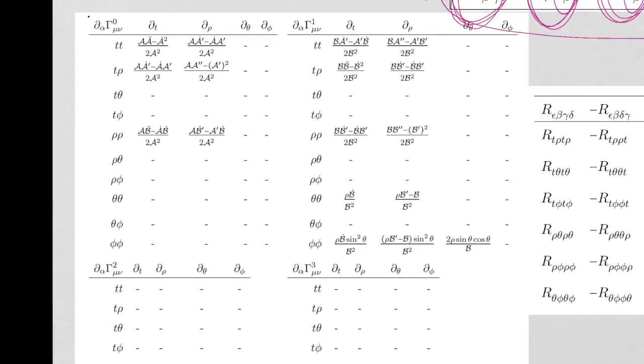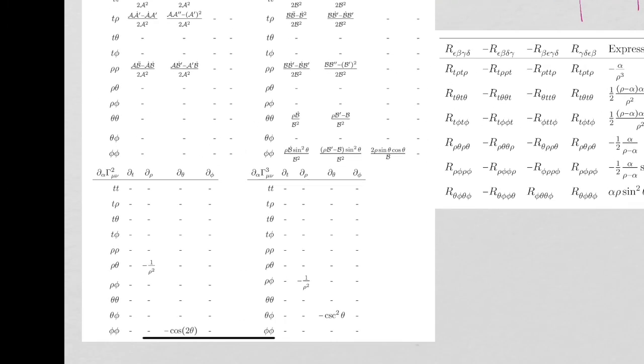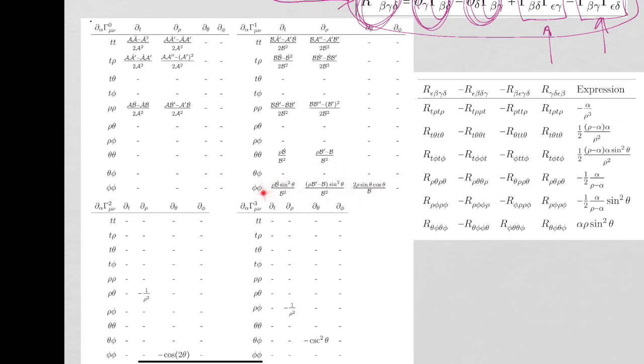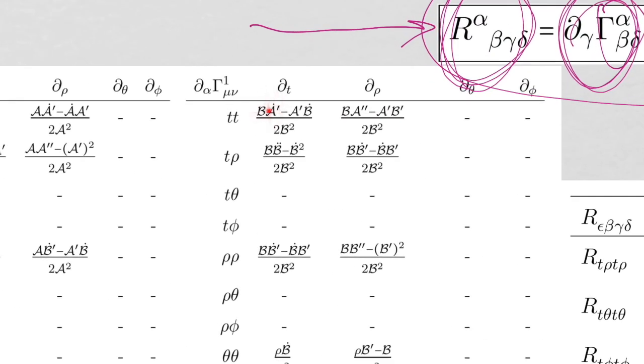Let's see, which is the most complicated one here, just out of curiosity? Which is sort of the most unusual one? When you start having these phi-phis, you start getting the sine thetas in there. That's cool. So those are kind of tricky. But all of the rest are just combinations of a dot, b dot. This one's fun because it's got a dot, which is the partial of a, but then a prime.